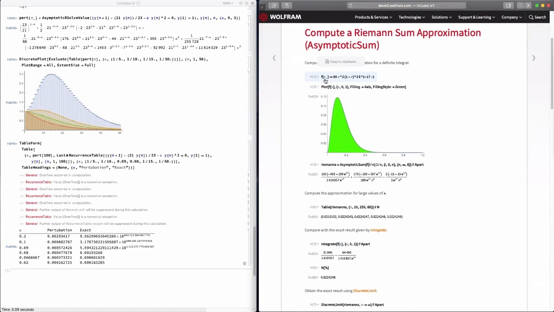So we have a function and we want to integrate it. And we can do a simple Riemann sum using the right hand rule.